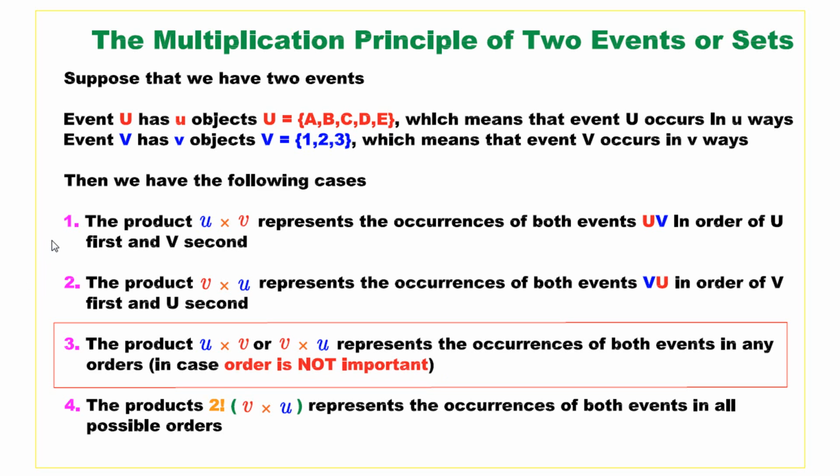So there are cases for the multiplication principle where order is important, such as this case number 1 here, and number 2, and number 4. But for our case, we need the case of no order, since combination implies no ordered element. So we apply case number 3 for our question.